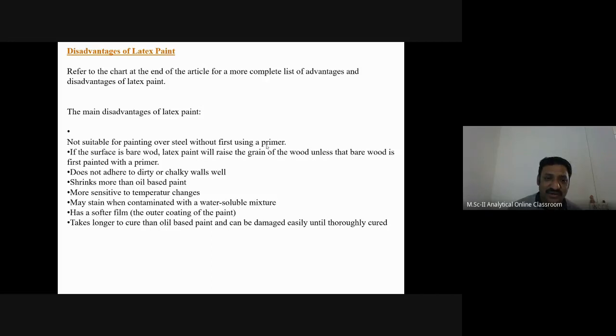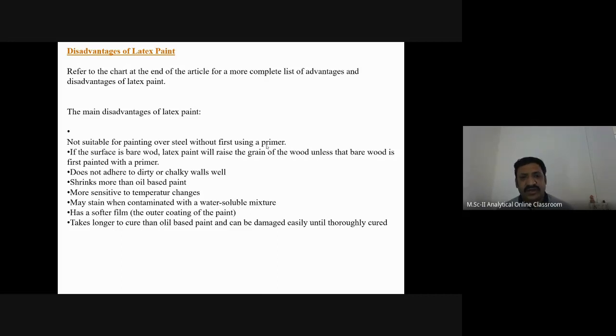And if anyone wants to avoid such changes, then you have to apply the latex paint on the wall. So it is more sensitive to what? Temperature changes.